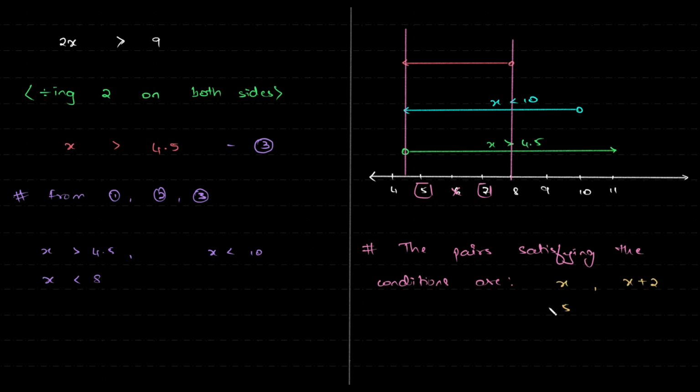So it's 5 comma 7, 7 comma 9. Remember, these are x values. So you can see clearly that their sum is more than 11.